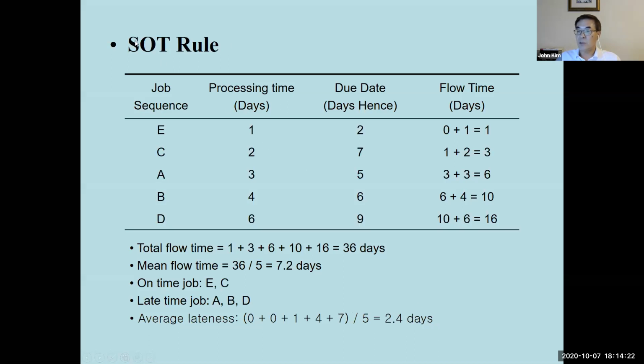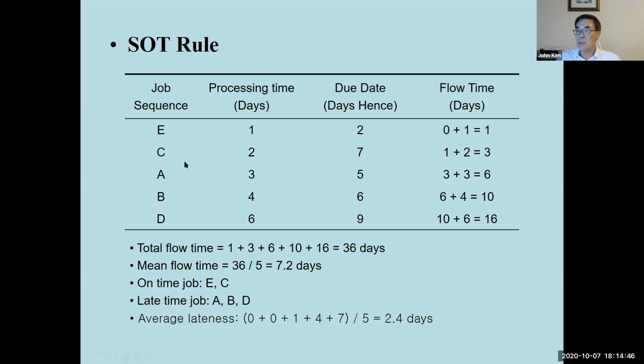And SOT rule. If we use the SOT rule, shortest processing time or operation time, task time first, and second, third, and so on. So the sequencing is E, C, A, B, D. Then total flow time 36, mean flow time 7.2.